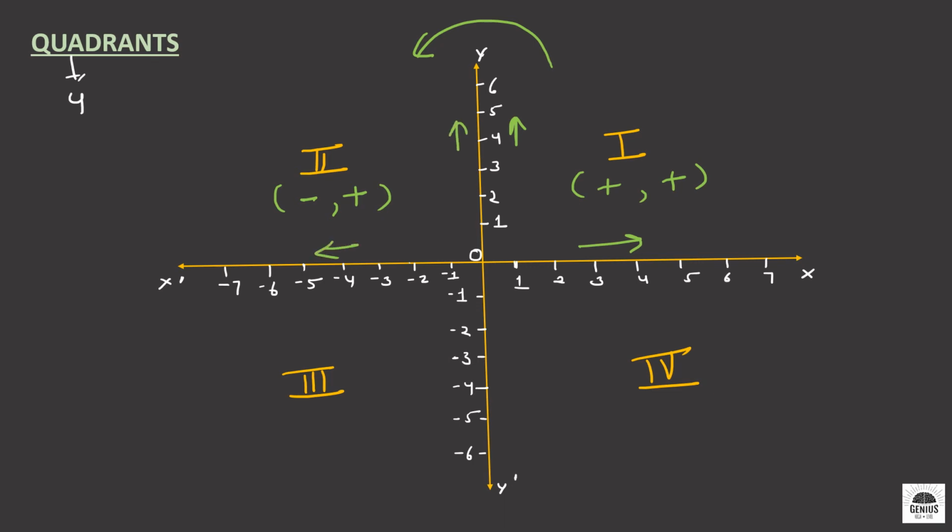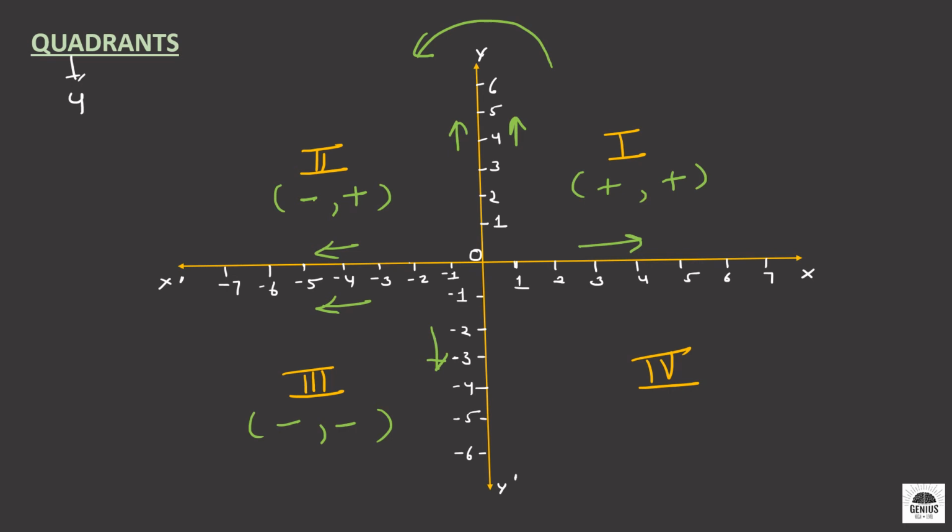Now in the third quadrant, the x and y coordinates will have negative values because x is negative in this quadrant and the y values are negative too.